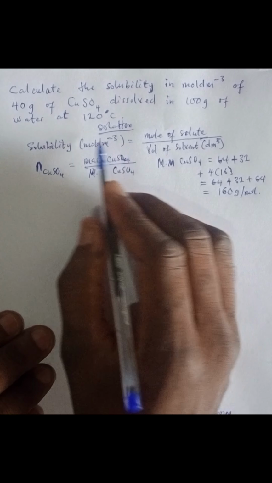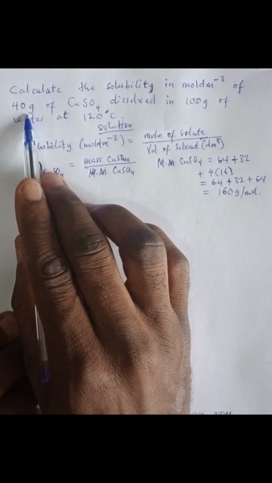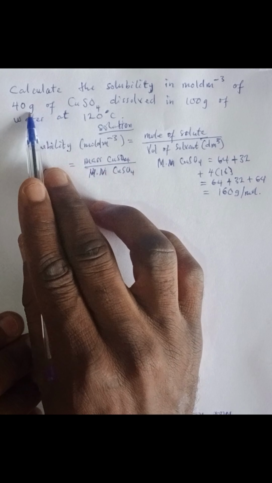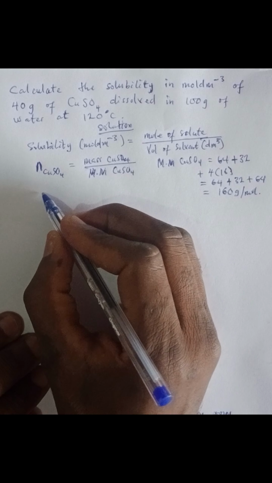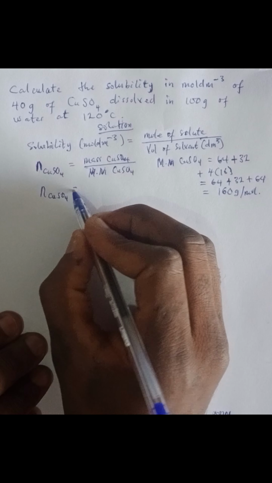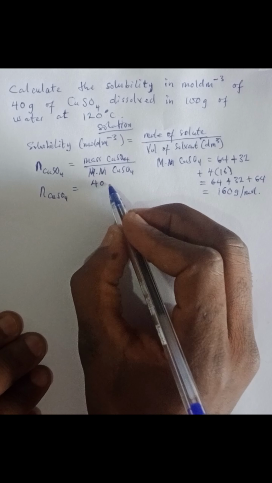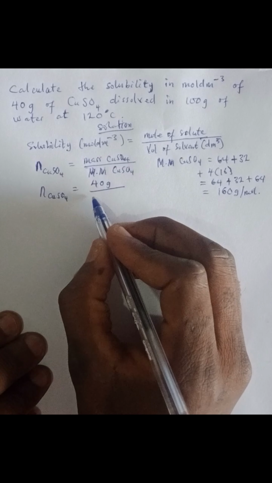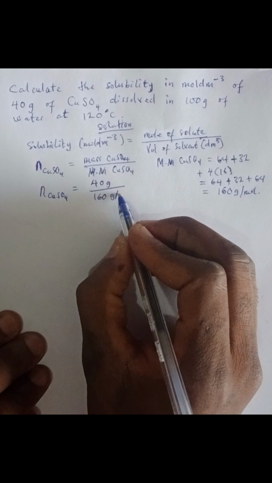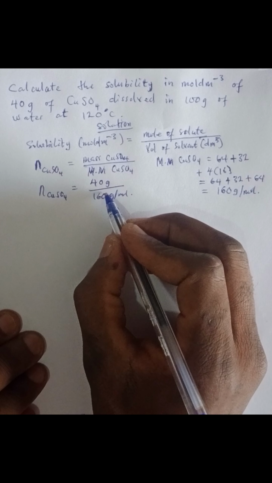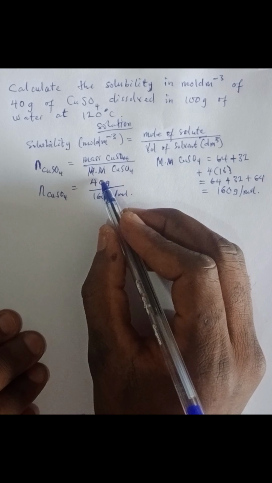Okay, and according to the question, we have been given the mass of the solute, copper sulfate, as 40 grams. Therefore, number of mole of copper sulfate will be equal to 40 grams all over the molar mass of copper sulfate, which is 160 grams per mole. If you do the calculation here, 0 will cancel 0.